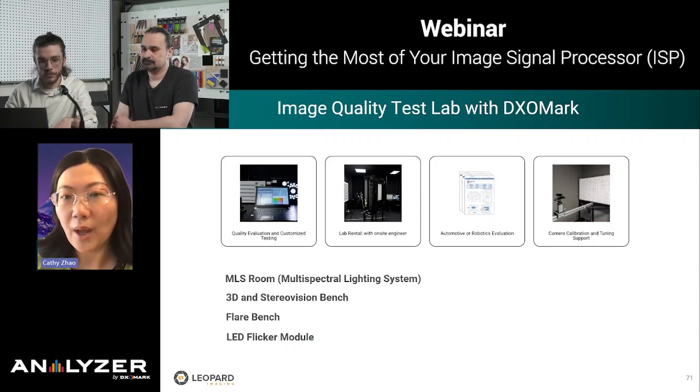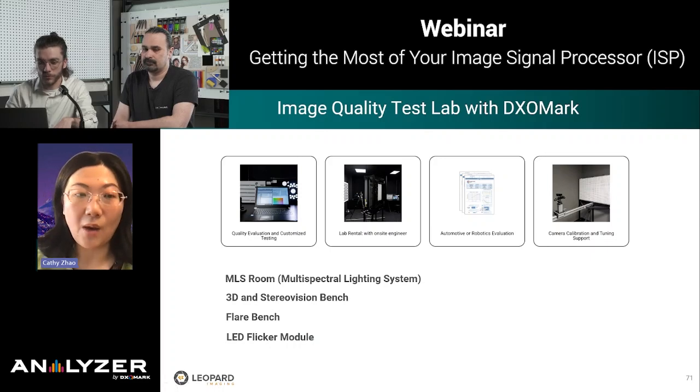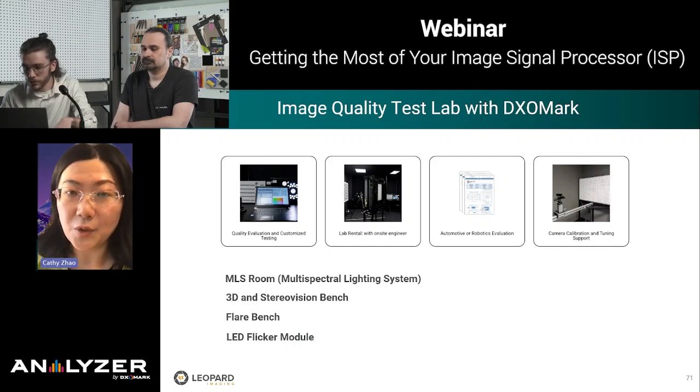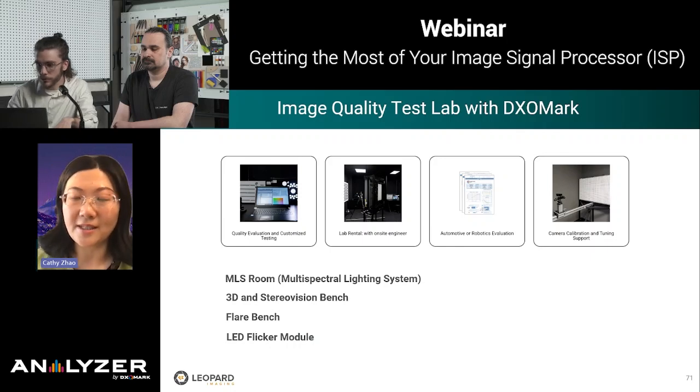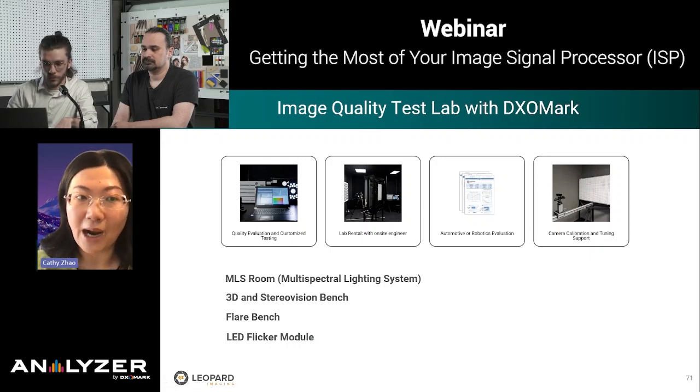This year we're going to add more advanced equipment to help our customers. As I mentioned, we are already in some projects providing ISP tuning, because previously Leopard Imaging has done years of ISP tuning, but with DXOMARK's new tools, we are going to have a broader range of customers on this side.